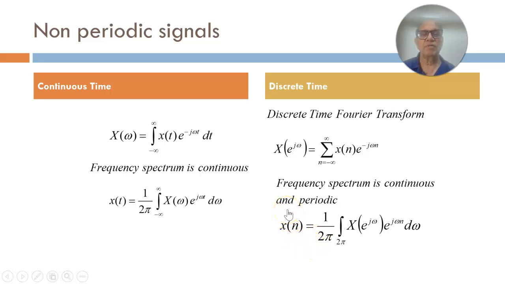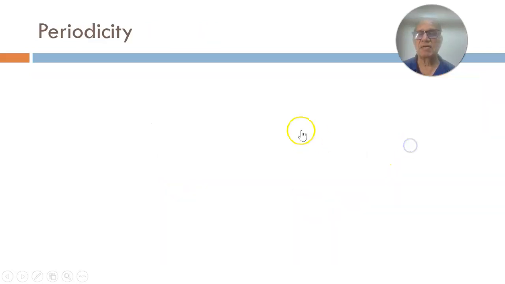Now, what we want to do is to show that the frequency spectrum for the discrete time signal is periodic. This is something which is different from the frequency spectrum of the continuous time signal, which is not periodic. So this we are going to show by doing a little bit of mathematics. This is the discrete time Fourier transform equation, which I have repeated for convenience.